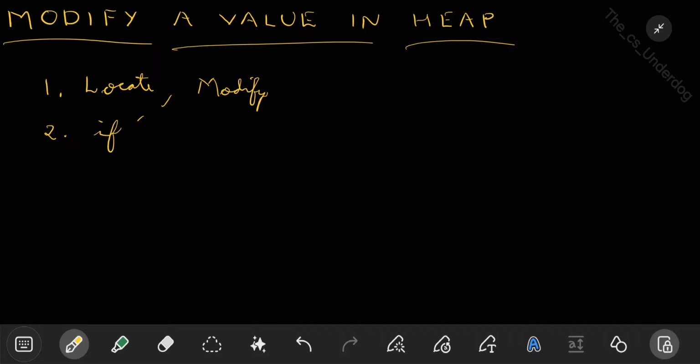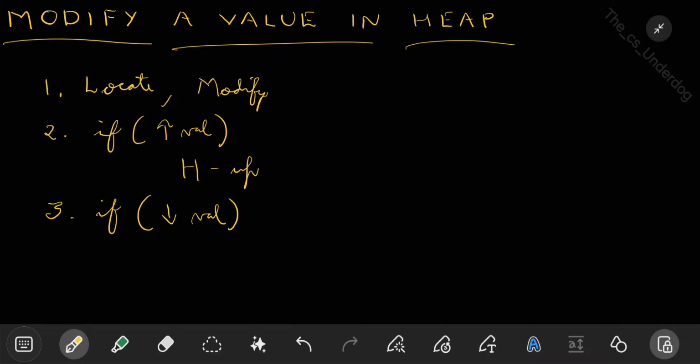If you increase the value, you have to do a heapify up operation. That is, you propagate up the tree because you increased the value. And if you decrease the value, then you have to do a heapify down. That is, you propagate down the tree. This is the only difference.